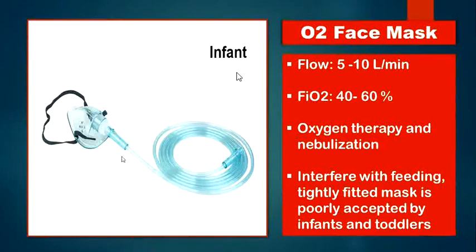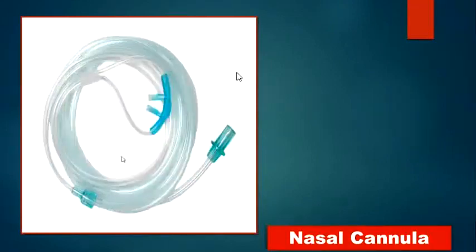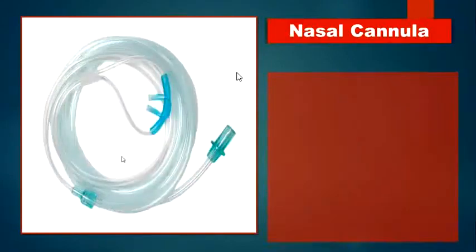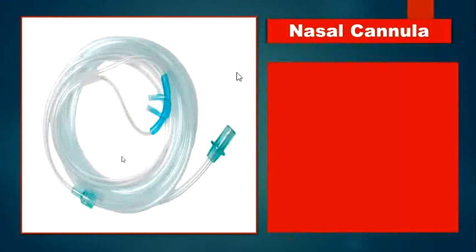We have another source of delivery of O2 to patients with respiratory distress, which is the nasal cannula. The nasal cannula, unlike the expectation, gives a flow rate and a concentration less than the face mask.